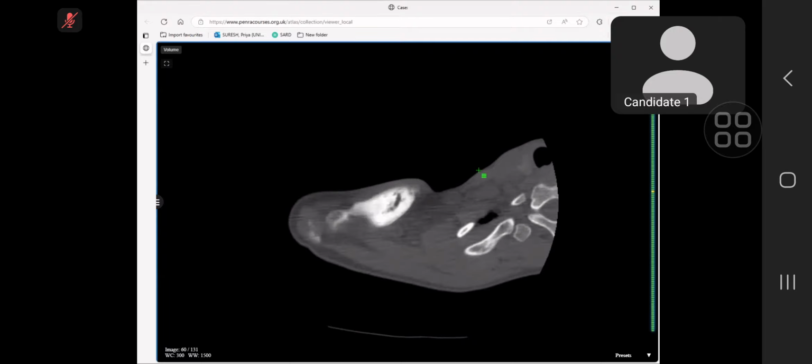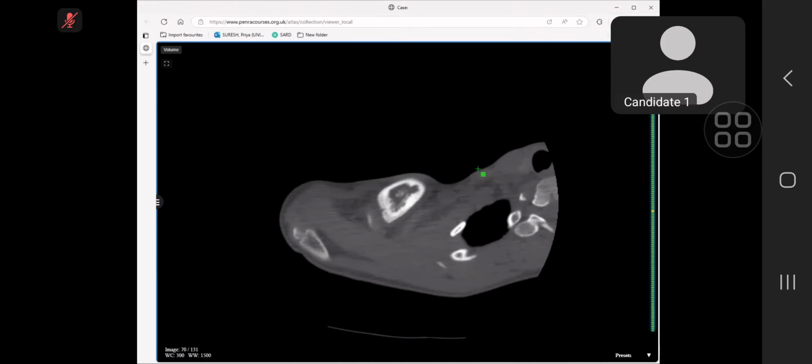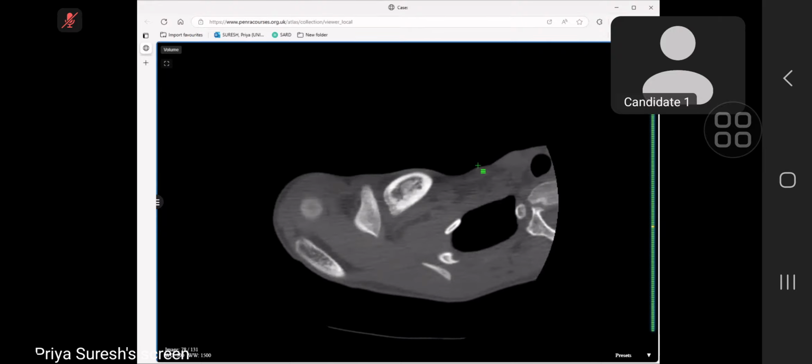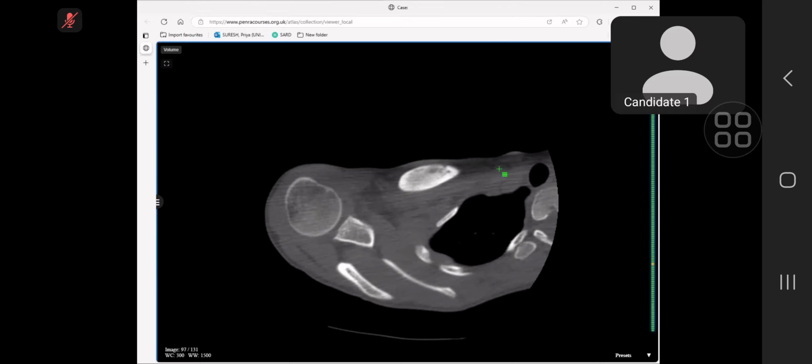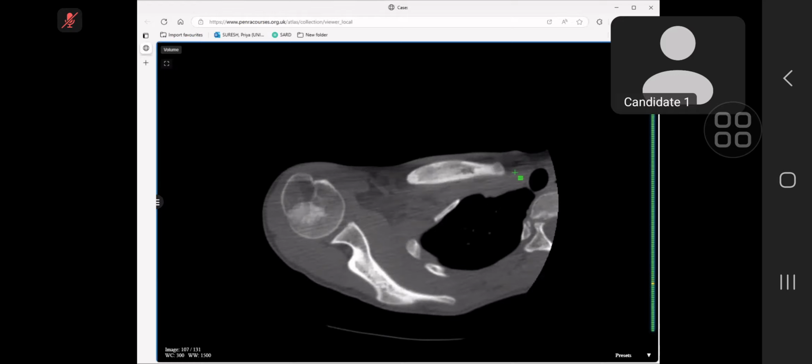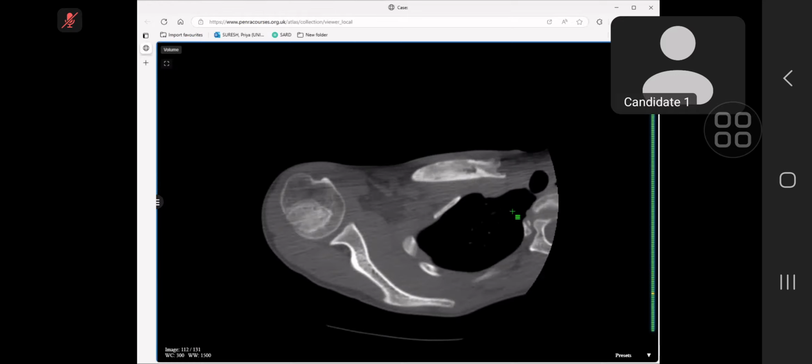There is no associated definite soft tissue component on this image, and there is no extension into the surrounding soft tissues or any bone or joint cavity. So, in conclusion, it seems a chronic osteomyelitis.